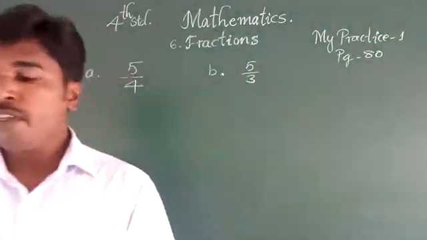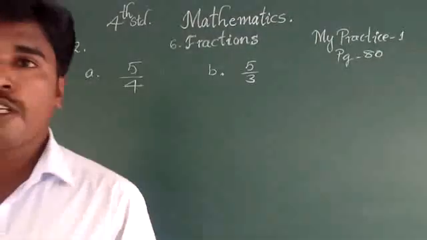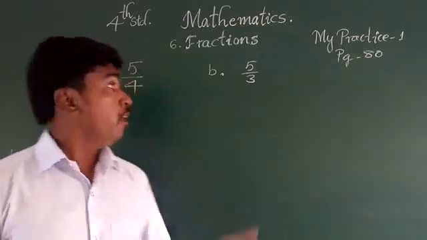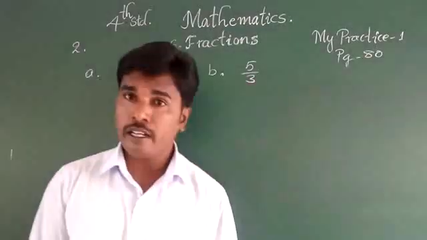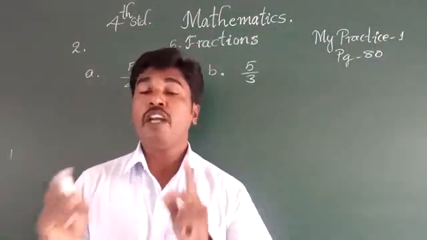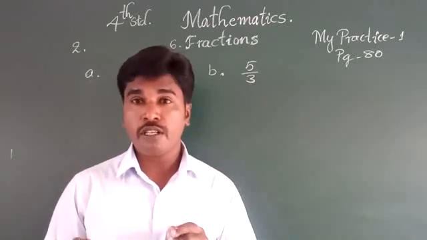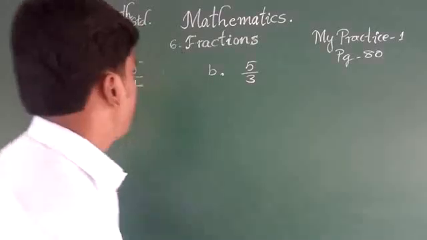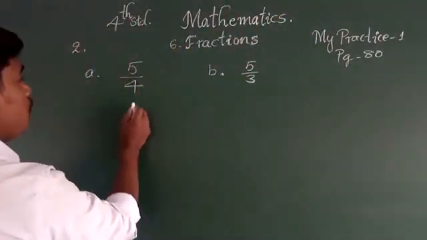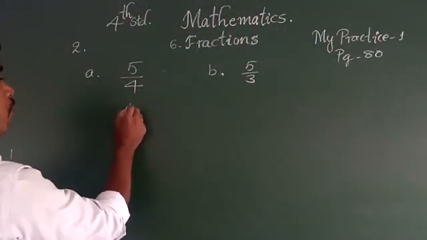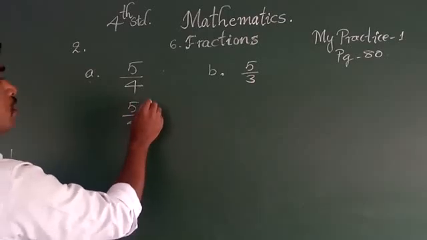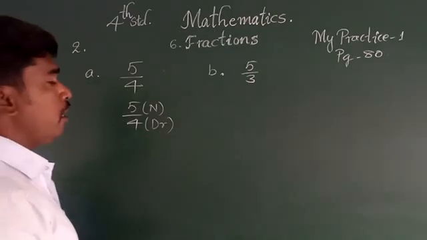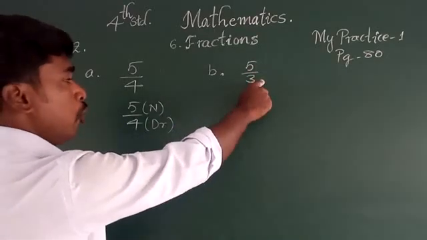Observe, dear children, these are improper fractions because the numerator is greater than the denominator. Here also the numerator is greater than the denominator. First you convert improper fractions into mixed fractions. So how to convert? This is 5/4, with numerator and denominator.